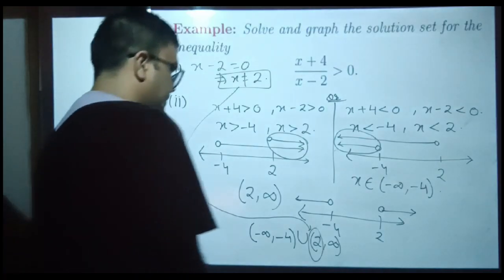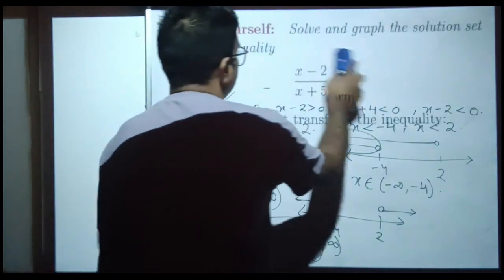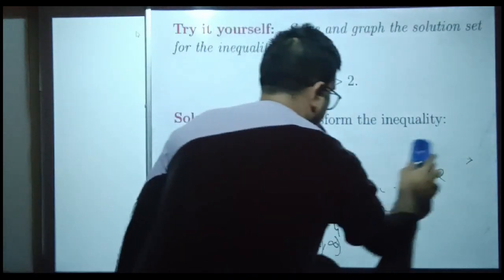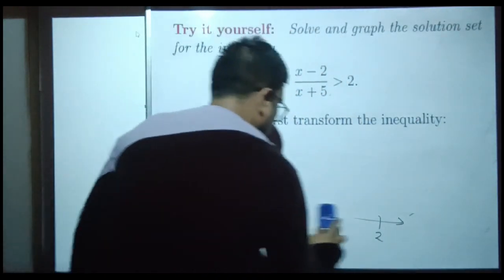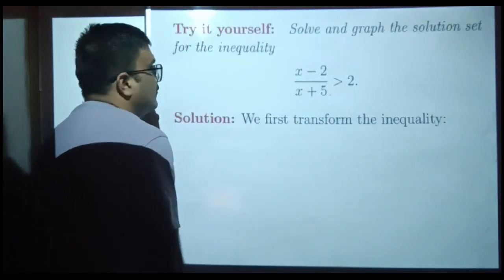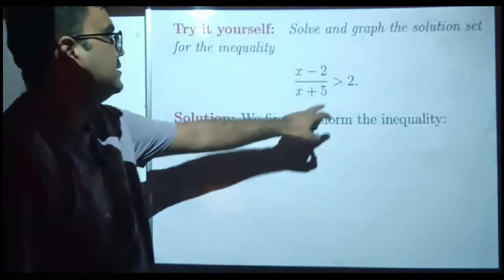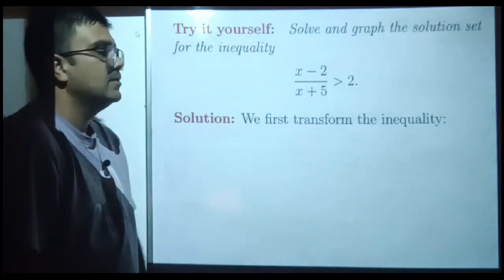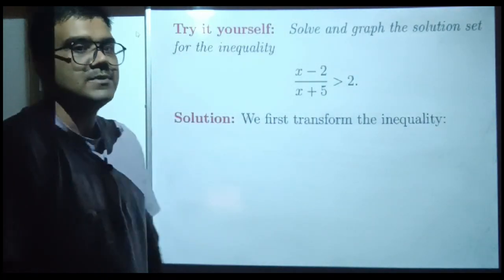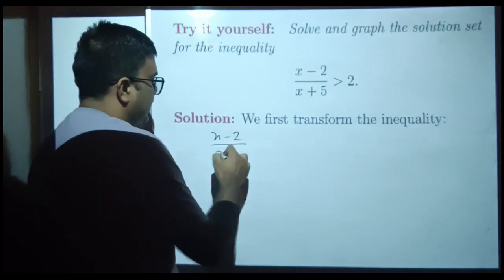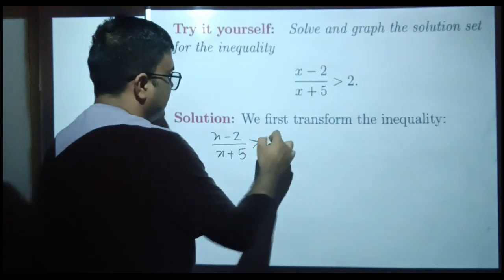Next is x minus 2 over x plus 5 is greater than 2. So again we transform this inequality. We write it x minus 2 over x plus 5 is greater than 2.